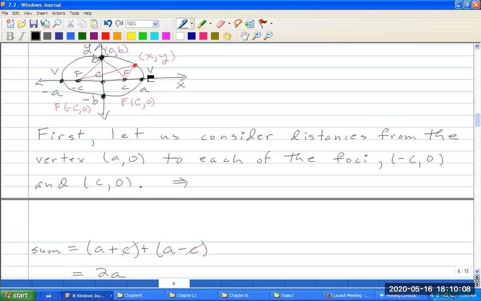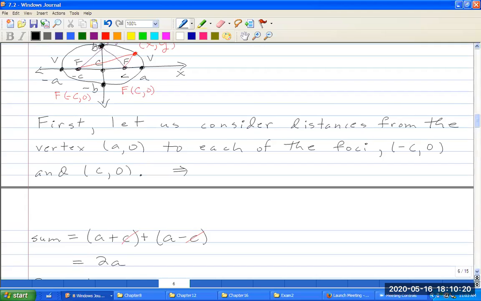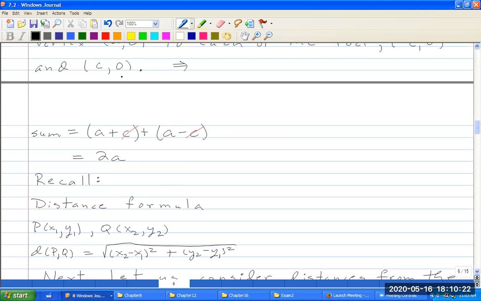Next, let's figure out the distance using this point here. Start at this focus, go here, and then there. Well, the distance formula, which we had from before: the distance between the points P and Q is just the square root of the sum of the squares of the differences of the x and y coordinates.